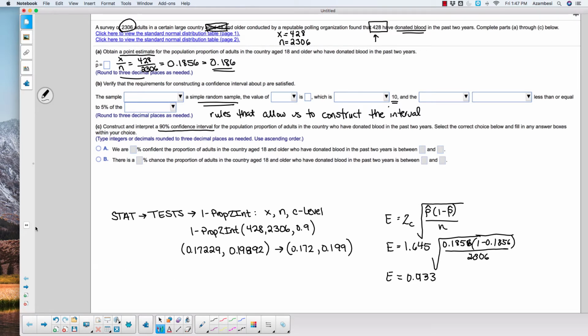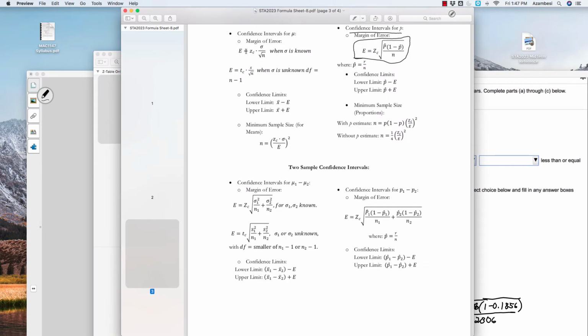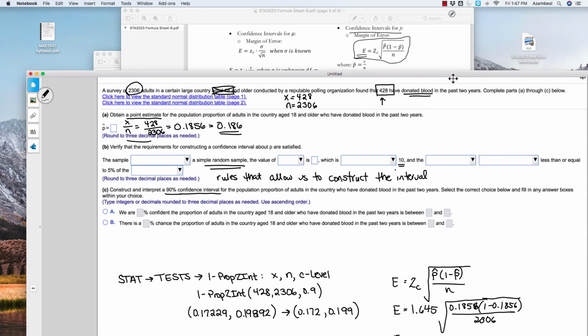Now constructing the actual interval, if we go back to our formula sheet, once you have found the margin of error, we're going to take p hat and we're going to subtract the margin of error to get the lower limit or lower bound, and we're going to add the margin of error to get the upper limit or upper bound.